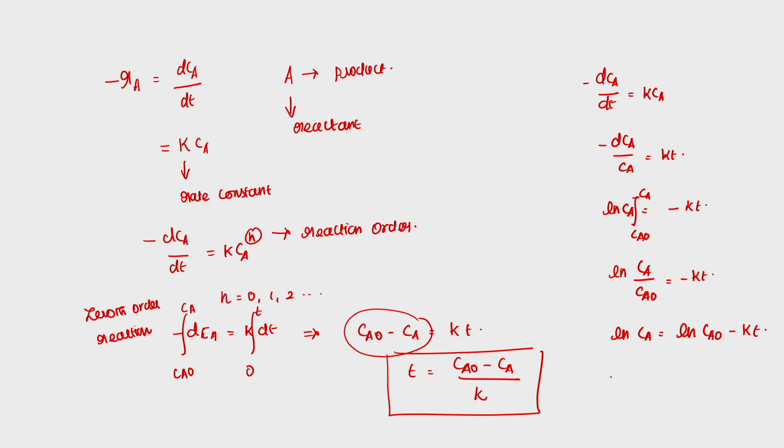Or from this, t is nothing but minus of ln Ca upon Ca naught divided by k, or if you put plus here, then it becomes ln Ca naught upon Ca. So, this is another t. Now we know how to calculate the shelf life time t.